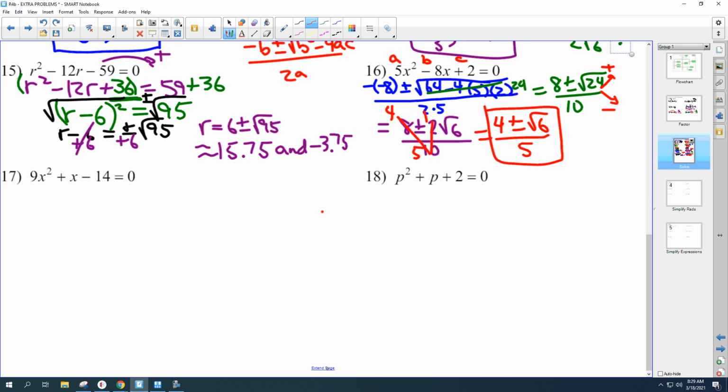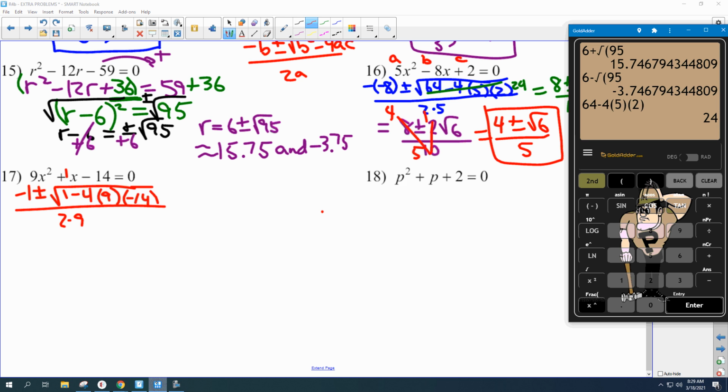So then really the last two are going to be more of the same. We're just doing the quadratic formula. Opposite of b, plus or minus square root, this will be a. B squared is 1, minus 4 times a times c, all over 2 times a. Calculator. 1 minus 4 times 9 times negative 14. 505.